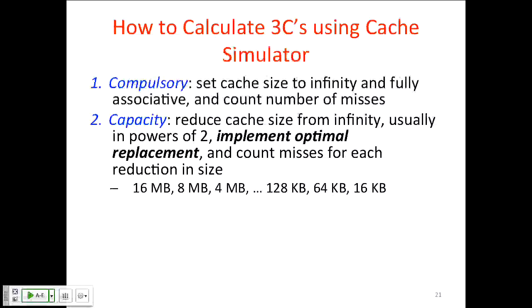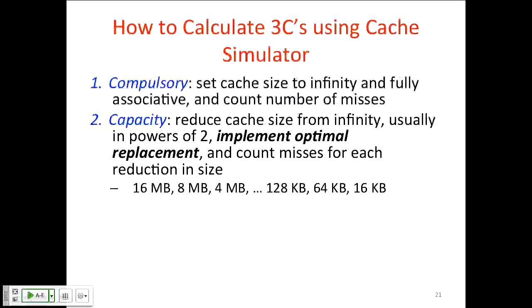When you want to figure out if it's a capacity miss, you build an omnipresent cache that knows what's coming and replaces the thing that's going to be accessed furthest in the future. It turns out that's the actual optimal replacement policy. So this simulation, by doing this optimal replacement policy online, can tell you, strictly speaking, no matter what kind of cache replacement policy you used, the cache is just not big enough to hold these requests and you'll get a miss.